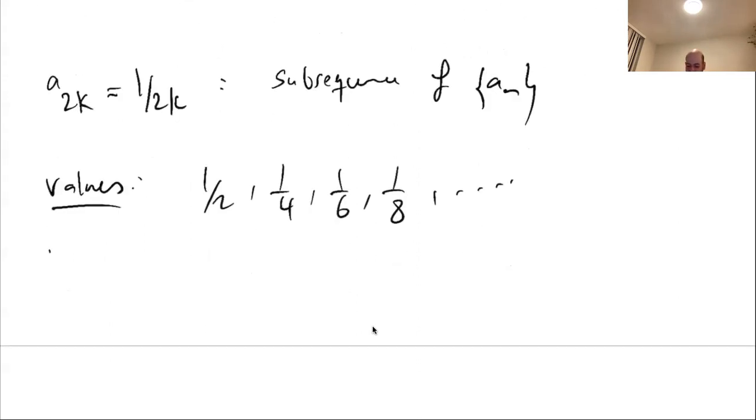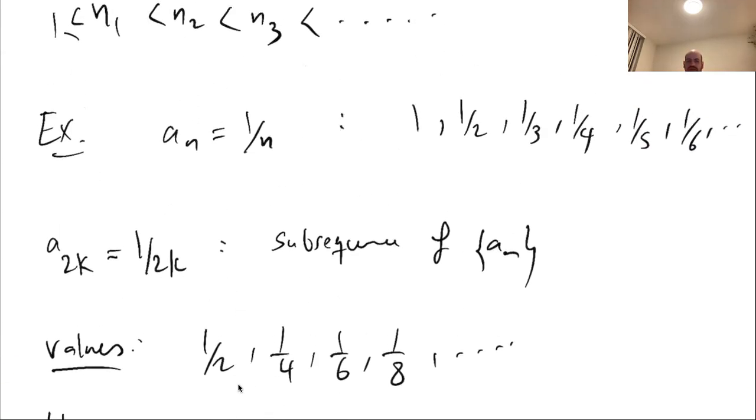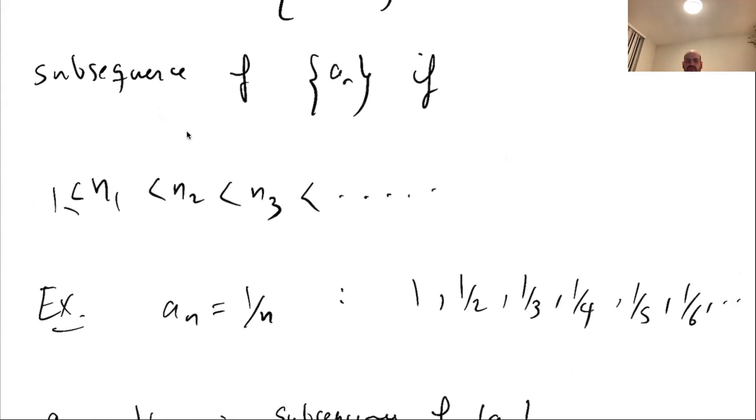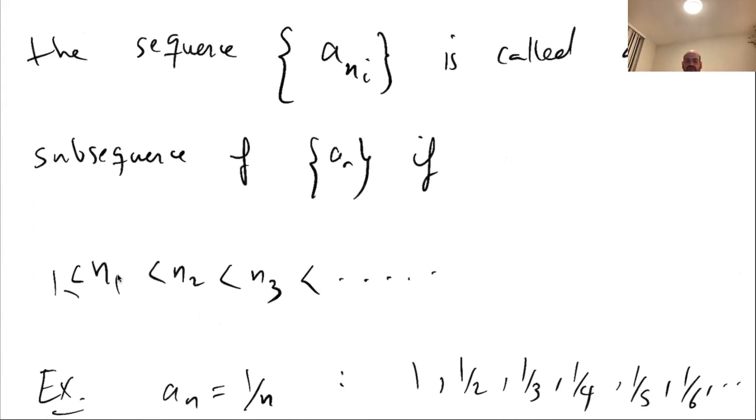So here, we can say that our N1 value is 2, which is less than the N2 value. This is the first element of the subsequence, which we denoted with N1. What is N1?